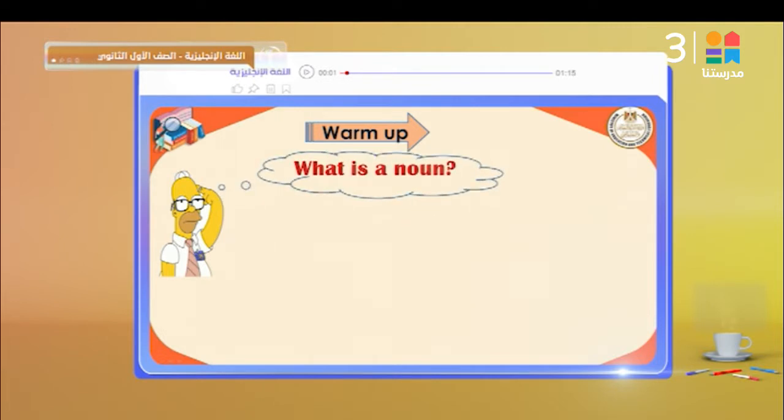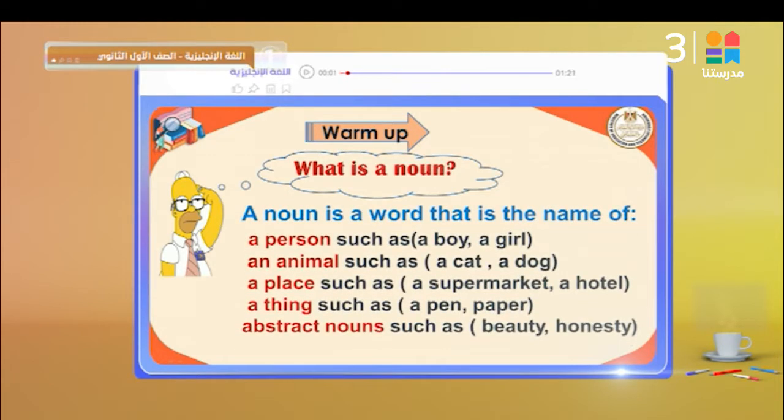What is a noun? First of all, before we discuss the countable and the uncountable, we want to know what a noun is. A noun is a word that is the name of a person, for example, boy or girl. It can be the name of an animal such as a cat, a dog, a tiger. It can be a place, for example, supermarket, hotel, cinema, school.